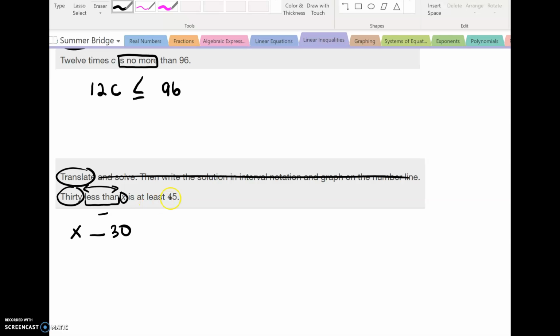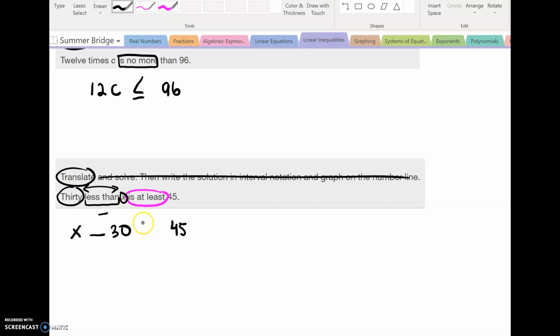Is at least 45. So I have to have 45 here. Is at least. So could it be more than 45? Yes, it could. But can it be less than 45? No, it cannot. Could it be equal to 45? It could.